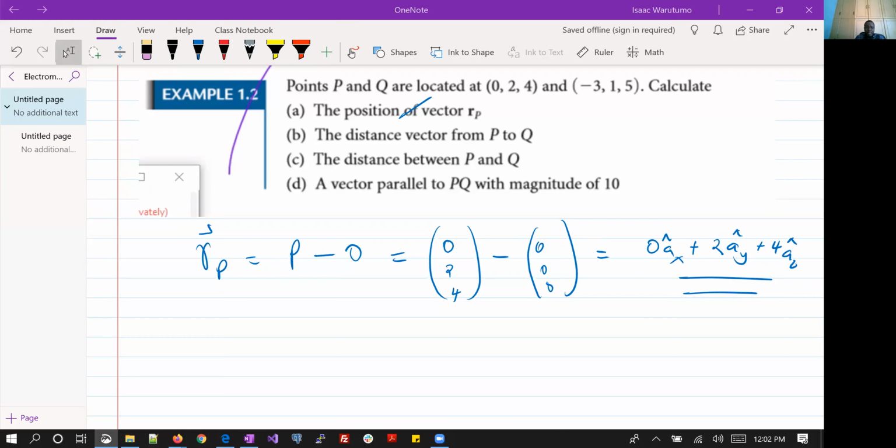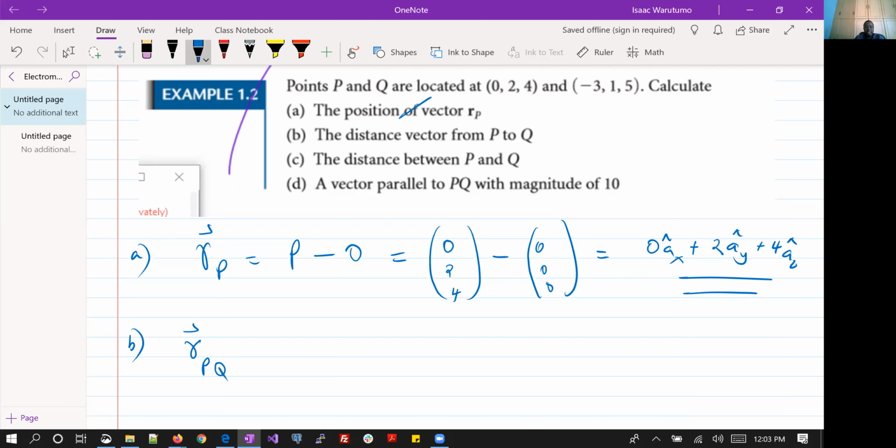Now, we have answered A. Part B is asking the distance vector from P to Q. So it is asking for us to get RP, and I need to confirm the distance from P to Q. That is how you would write the distance vector.